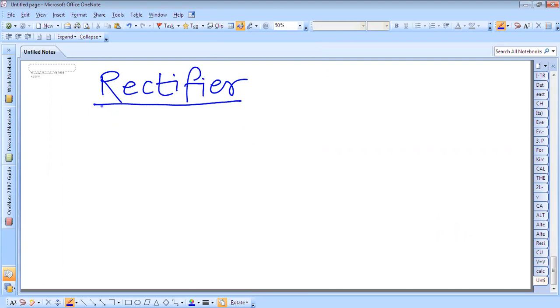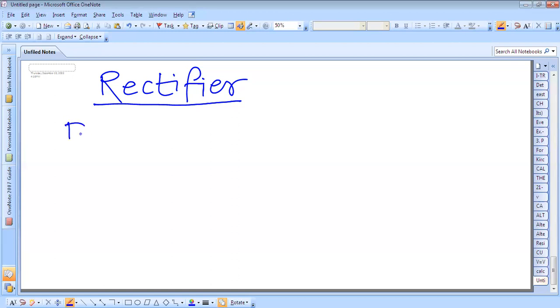That is, when the positive terminal of the battery is connected to the anode and the negative terminal is connected to the cathode of the diode, the current passes through the diode, and when negative voltage is applied to the diode, it will not conduct. So the diode is a device that passes the current in only one direction, and such a device is generally used in networks to convert the alternating current into the direct current.